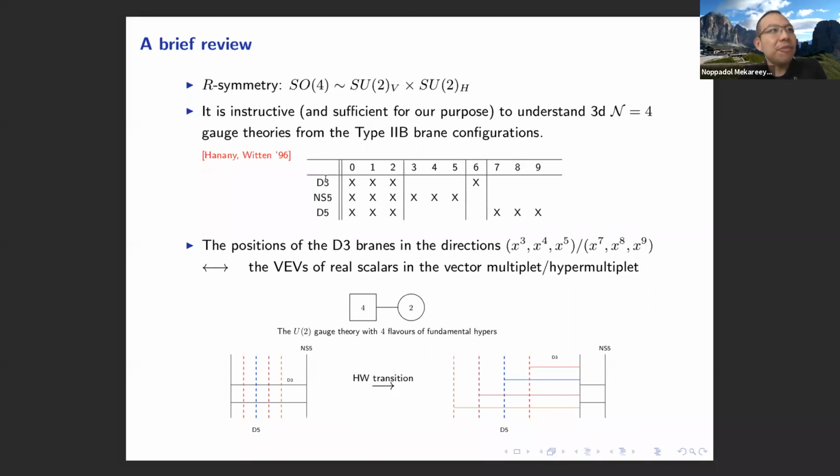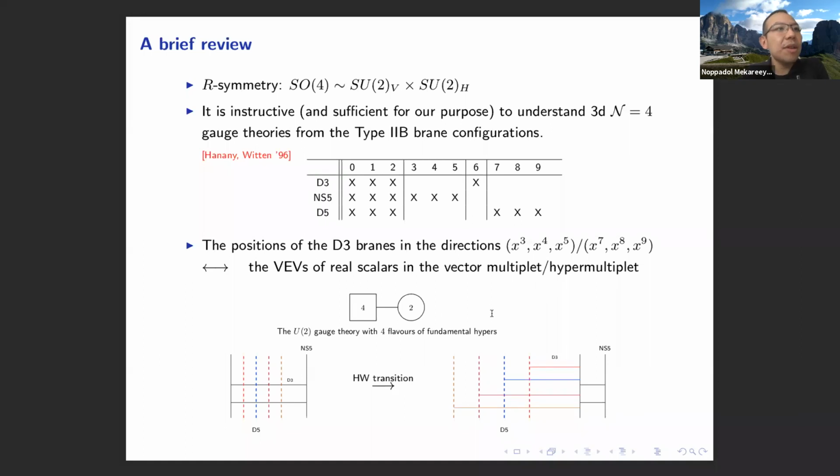You can look at the system of D3, NS5, D5 spanning these directions, and you can focus on the gauge theory on the 0, 1, 2 directions on the volume of the D3 brane. On the transverse directions, there's SO3 times SO3. This is identified as the R-symmetry, okay? The position of the D3 in the directions 3, 4, 5 and 7, 8, 9 corresponds to the vacuum expectation values of the real scalars in the vector multiplet and the hypermultiplet.